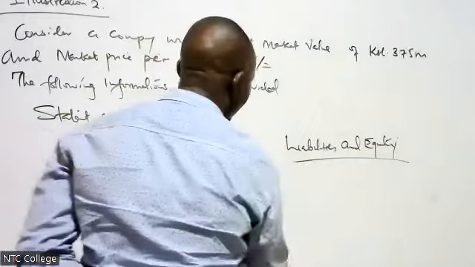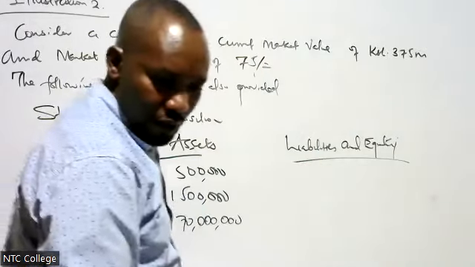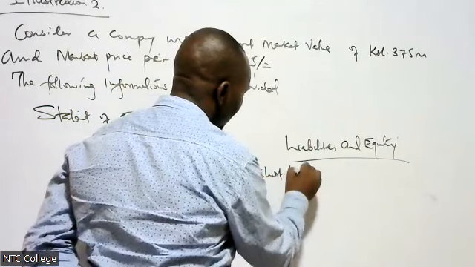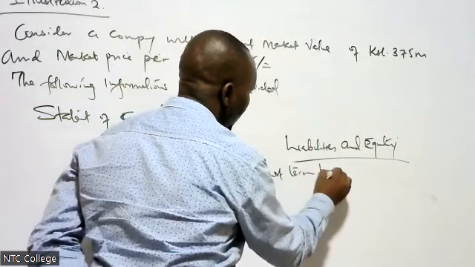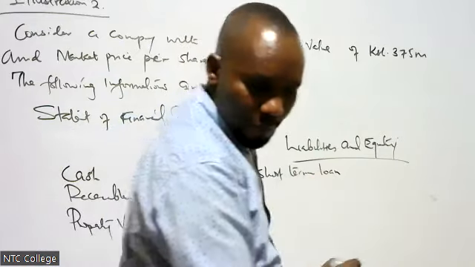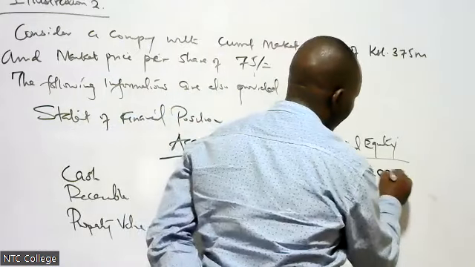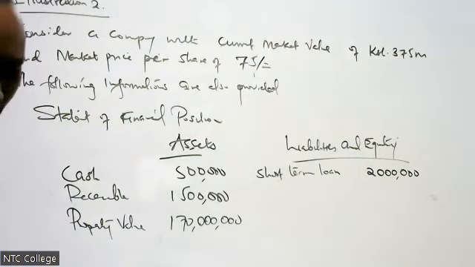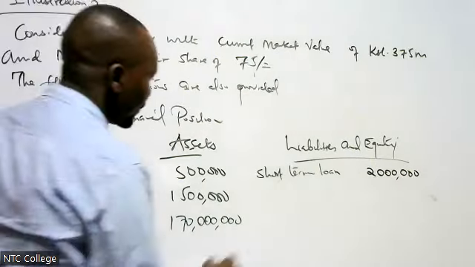On the other side, we also have short-term loan of 2 million. Mortgage 80 million.